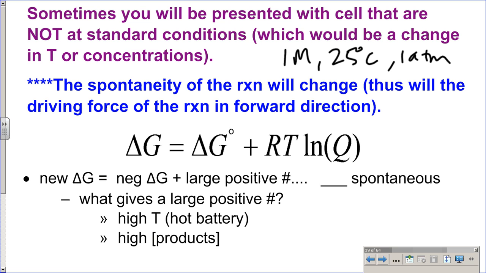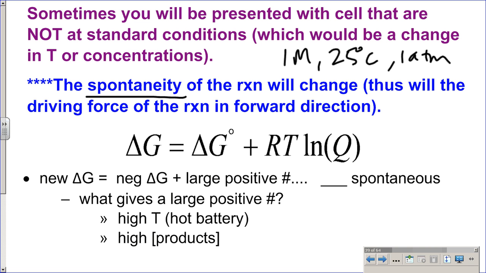So let's see if we can connect the dots here, and then we'll do the math part, okay? What I'm showing you here is if you change up the standard conditions, your spontaneity could change, your favorability could change. The spontaneity in the forward direction, by the way. Everything I'm saying so far is kind of forward direction, because we're not talking about reversible reactions exactly right now.